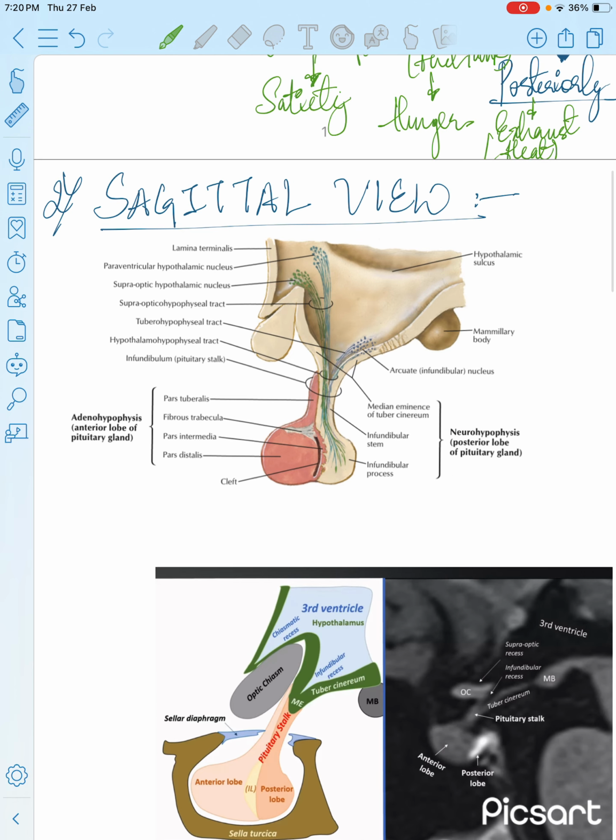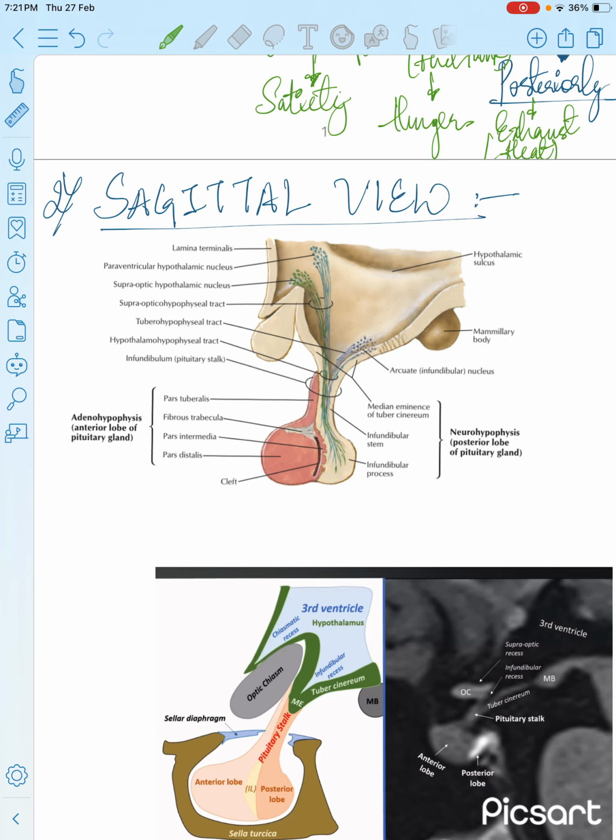Moving on to the sagittal view, where you can see the interplay between hypothalamus and the pituitary. Anteriorly in red is the anterior pituitary, and posteriorly in a bit lighter color is your posterior pituitary.